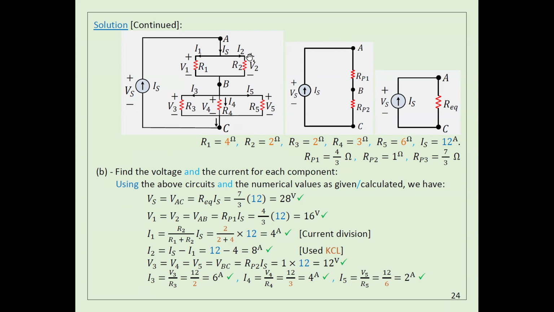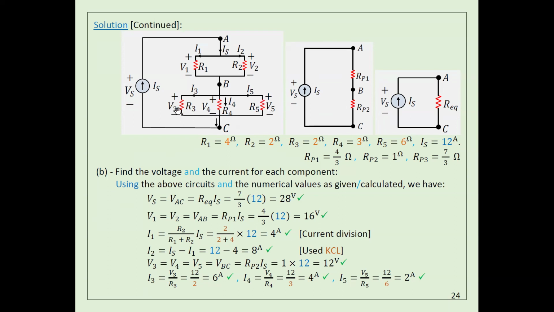There is another way: current divider. You have the total here and you have two resistors. Same thing you can do here. If I multiply I times the equivalent resistance, I'm going to get the voltage across these three resistors.